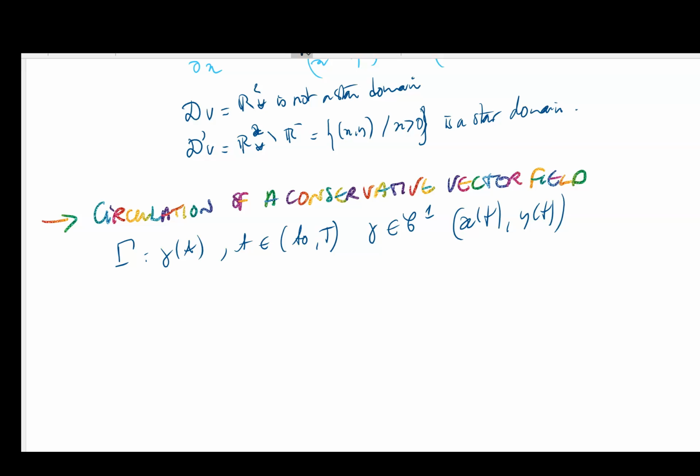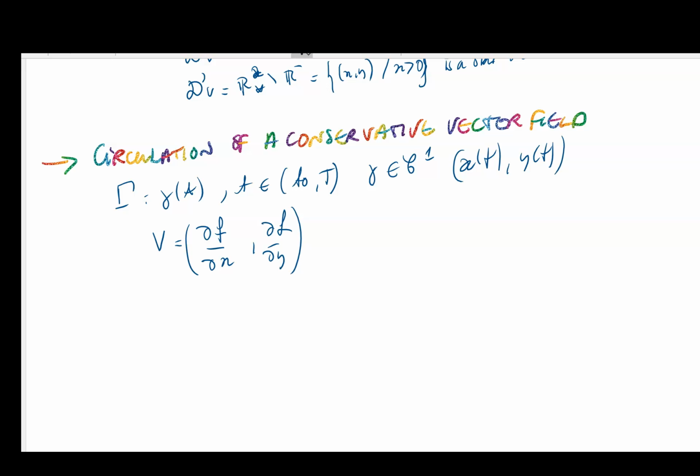Now let's say that my vector field V is actually made out of df over dx and df over dy. So that is obviously a conservative vector field. So what do I get when I want to write the line integral on gamma of my vector field? So the integral on gamma of df over dx plus df over dy.